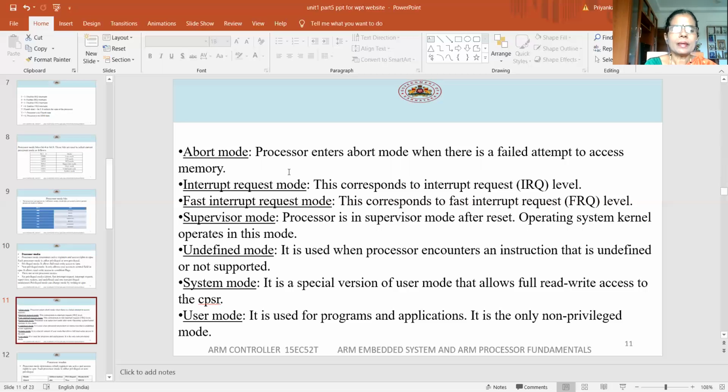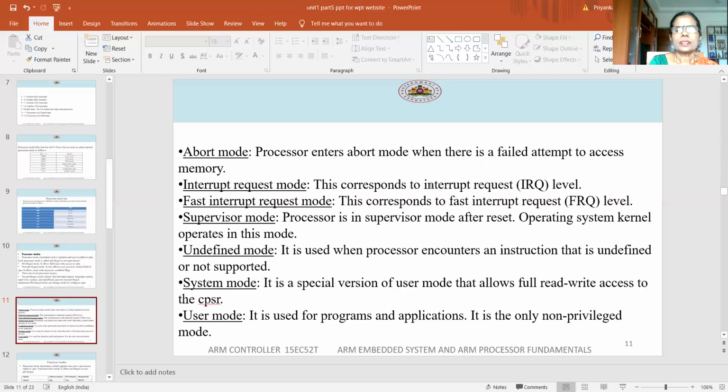You are declaring the memory locations 2000 to 2020, but you are going to access a different memory location 3000, then the processor enters the abort mode and it gives the message that you are trying to access the wrong memory. So this is abort mode.